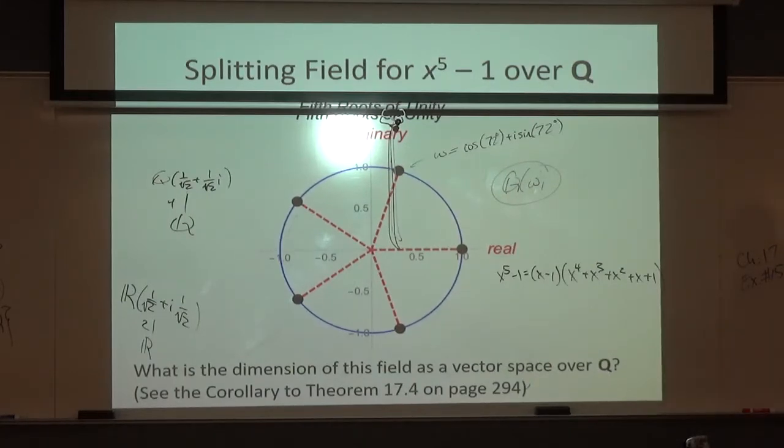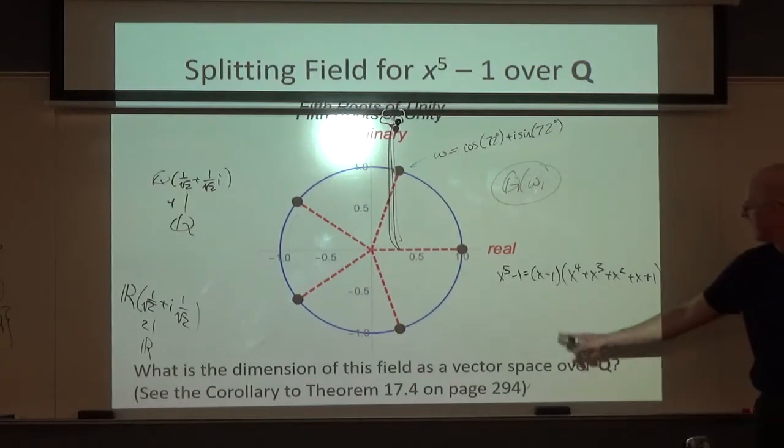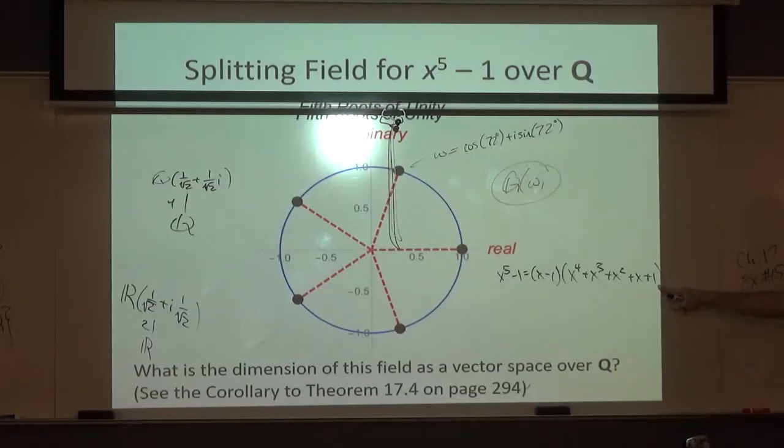Corollary to theorem 17.4 on page 294, chapter 17. This is called a cyclotomic polynomial. In fact, it's the pth cyclotomic polynomial, where p is 5, prime 5. And the corollary on that page does say it's irreducible over Q.